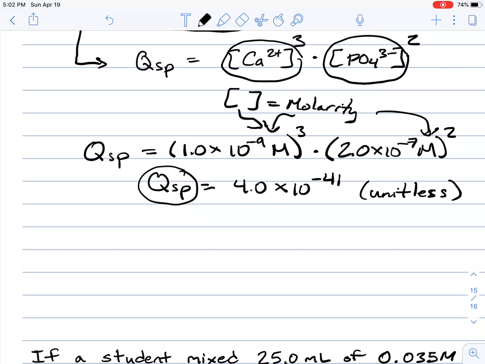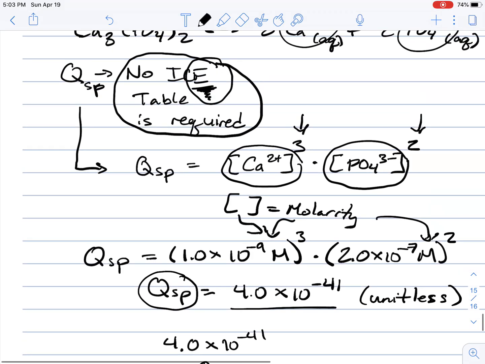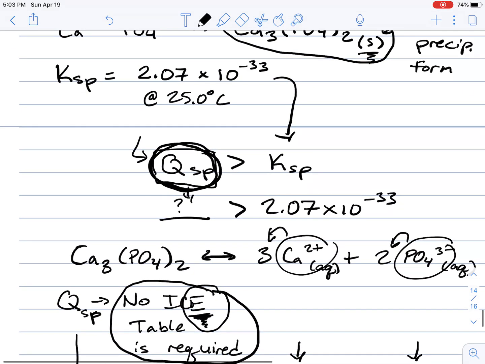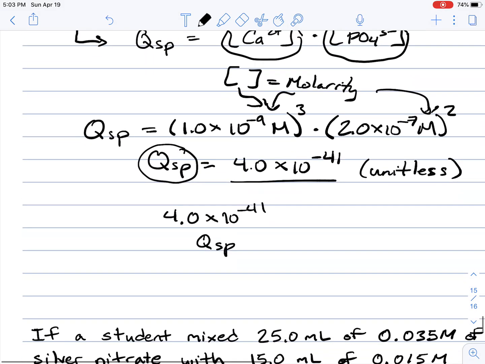Okay, and so now that I've figured out my QSP, I'm going to compare that to KSP. So 4.0 times 10 to the negative 41, that's going to be my QSP. And my KSP was 2.07 times 10 to the negative 33.